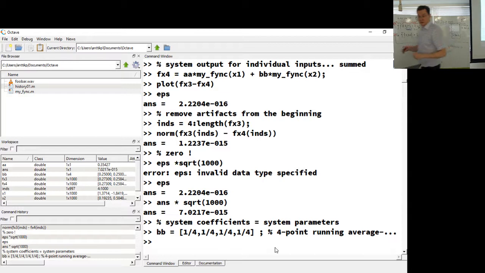Okay. To be on the safe side for the parameters, A0 is always 1. That's the multiplier factor for the output, 1 times y[n]. Then basically we didn't have anything else, so it's 0, 0, 0.